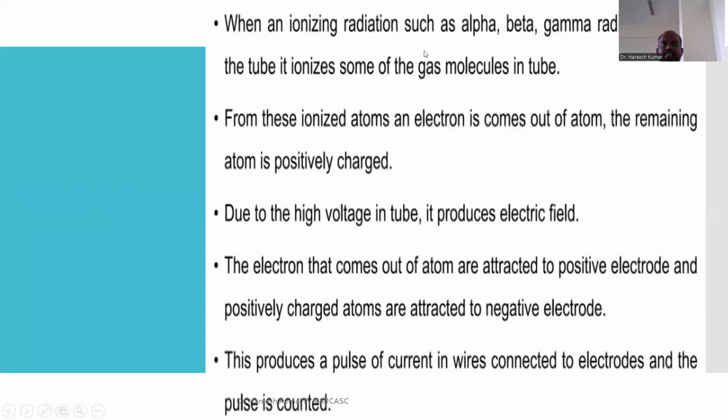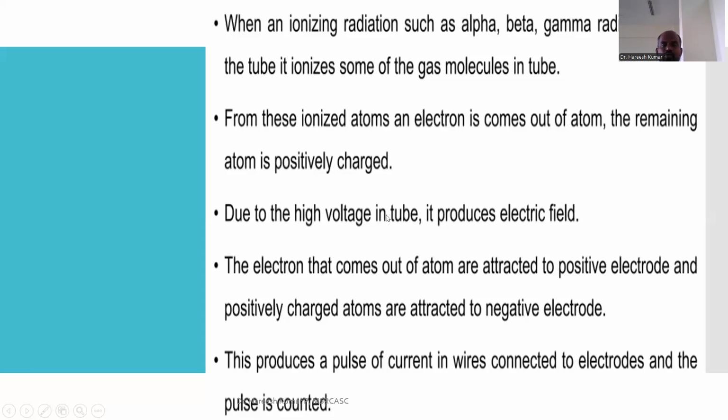When ionizing radiation such as alpha, beta, gamma radiation enters the tube, it ionizes some of the gas molecules in the tube. From these ionized atoms, an electron comes out of the atom. That means if we are using argon as an inert gas, then argon releases an electron and argon is converted to a cation.